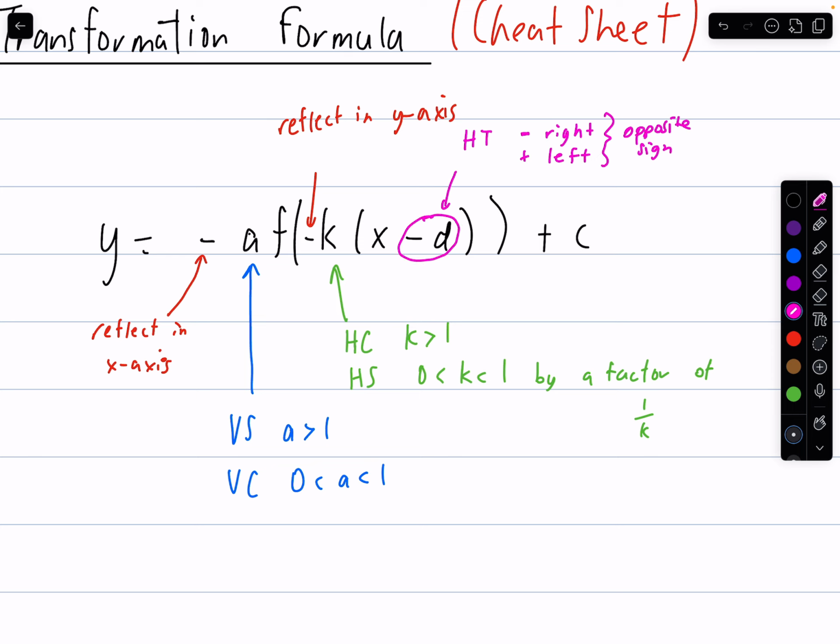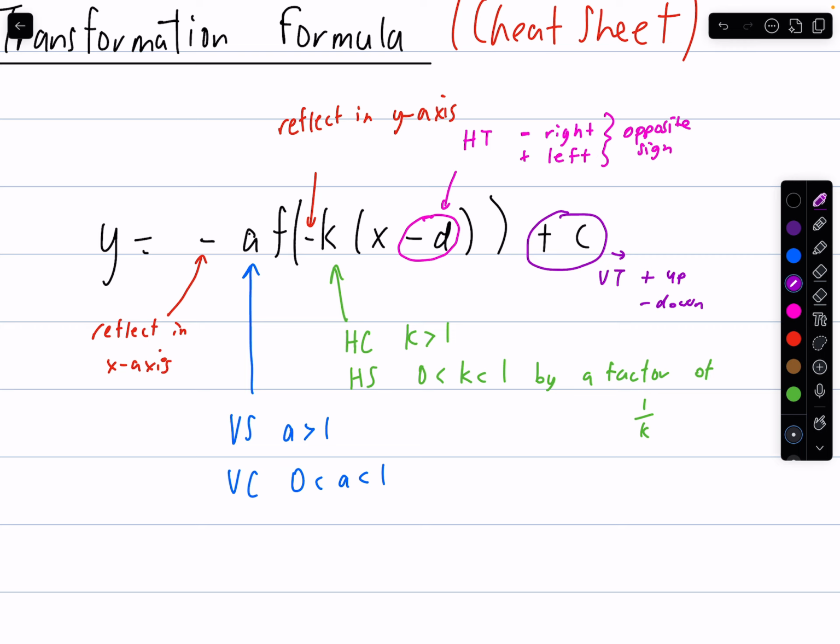So if it's negative, we're going to the right. If it's positive, we're going to the left. In the same respects, the c value represents the vertical translation. But the vertical translation is actually exactly what we think it is. Positive is up and negative is down.